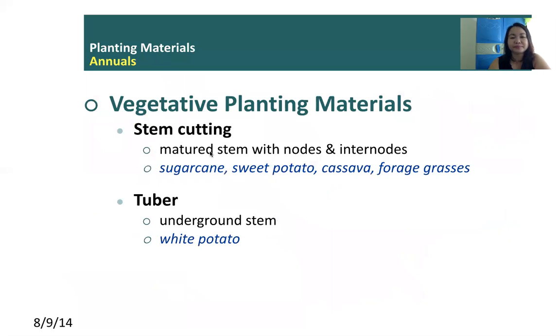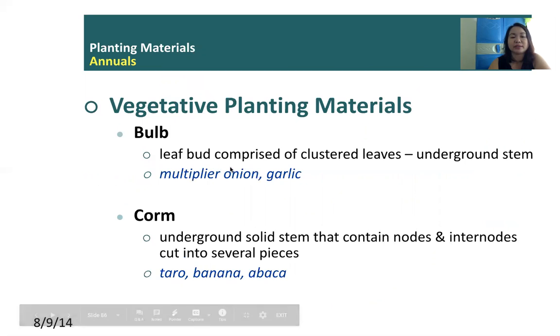Okay. Another set of planting materials for annuals using vegetative materials: we have stem cuttings, which are matured stems with nodes and internodes, for sugar cane, sweet potato, cassava, and forage grasses. Tubers are the underground stem of white potato.